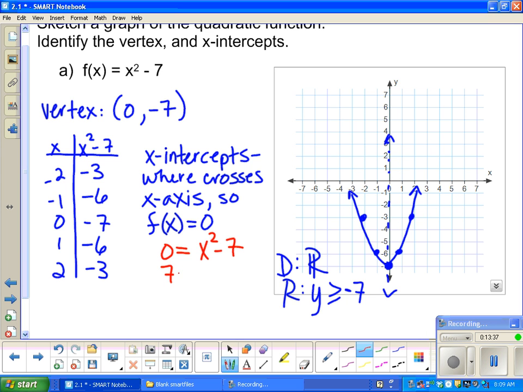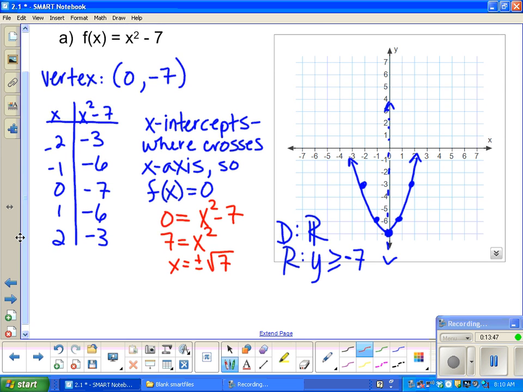So 7 equals x squared. X equals, take the square root of both sides, plus or minus square root of 7. That's a solution. So my x-intercepts are when y is equal to 0, and my x, in this case, plus or minus square root of 7, 0.